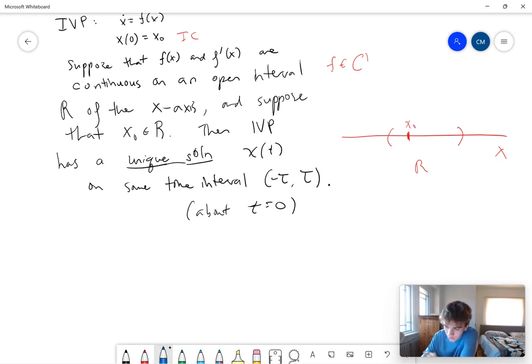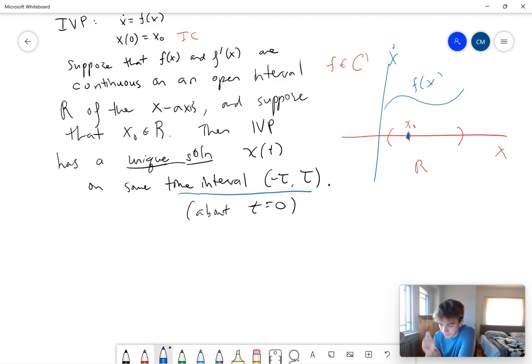And we know that on this interval, f of x, here's x dot, f of x is smooth, so it's continuously differentiable and its derivative is also continuous. And now we know for sure that there is a solution. So there's a unique way that this space will evolve in a time interval from negative tau to tau.